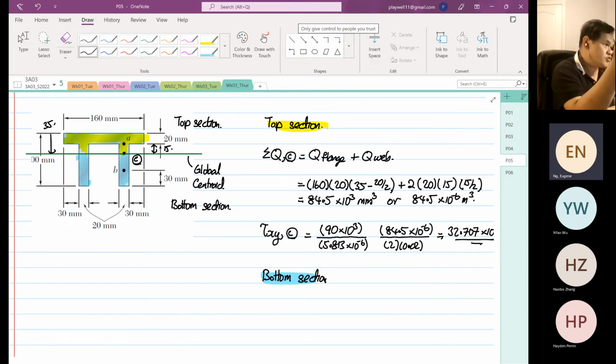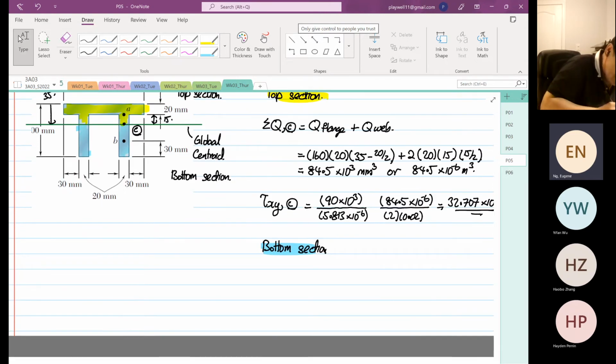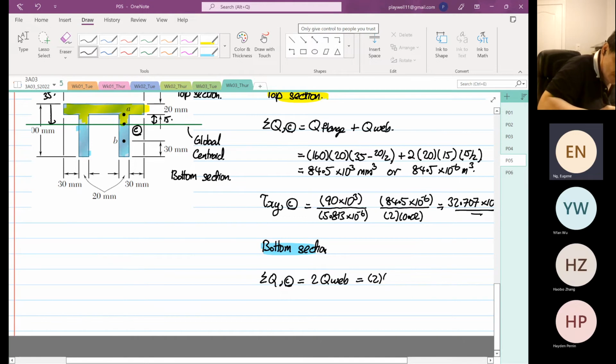Okay, because the centroid is determined about where we find the global centroid, means the cross-sectional area at the top and the cross-sectional area at the bottom are the same. Okay, the numbers can be different, or how we get there can be different. Okay, so we do summation of Q at point C. Now it is twice Q of the web in the bottom, right? So twice the width is equal to 20.